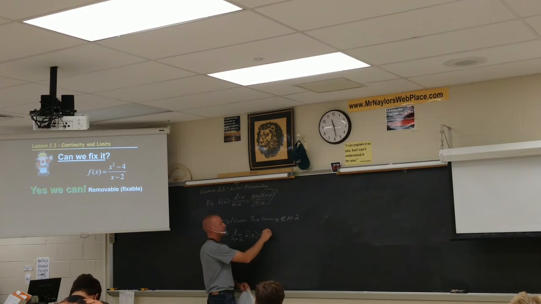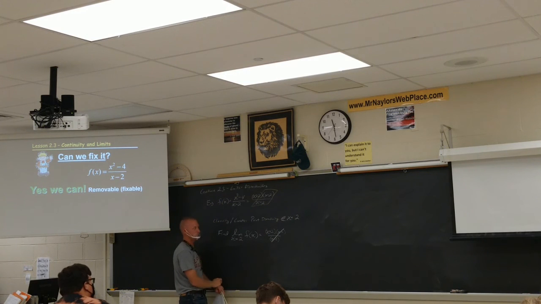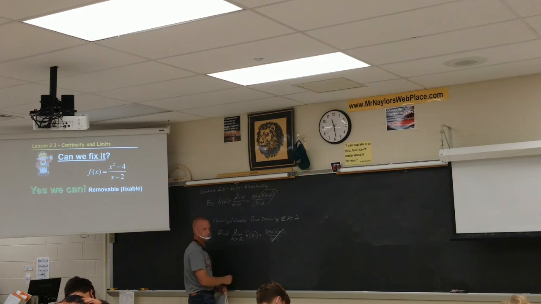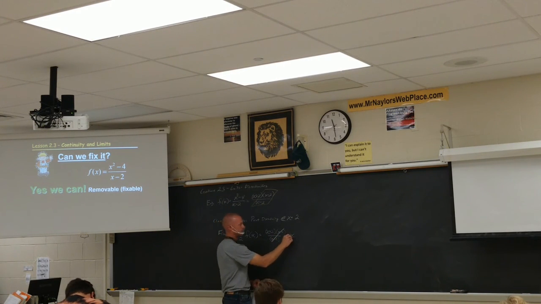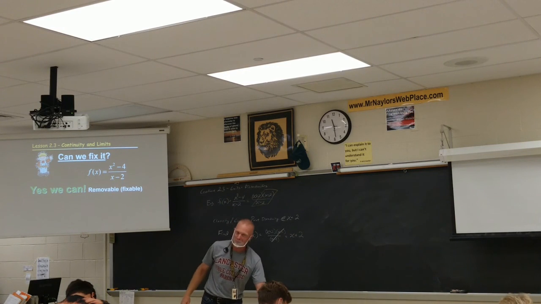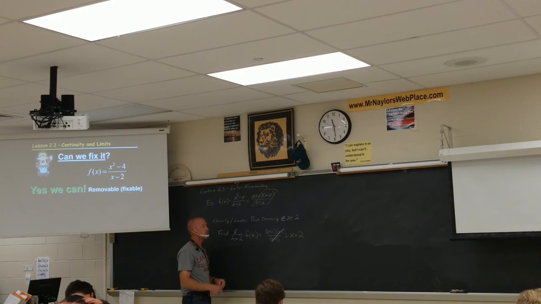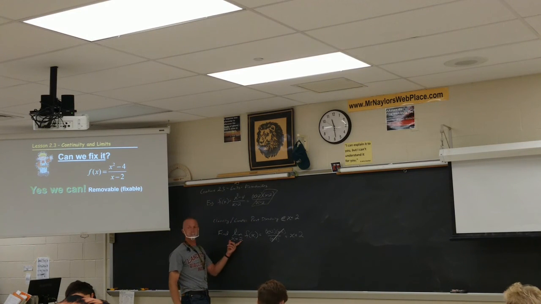We can continue with the math that we were doing here. What I'm talking about is we can cancel the x minus 2's. Just so you realize, we just canceled out the problem, which is nice because now you can plug in x equals 2.